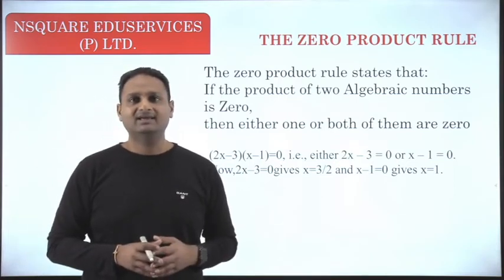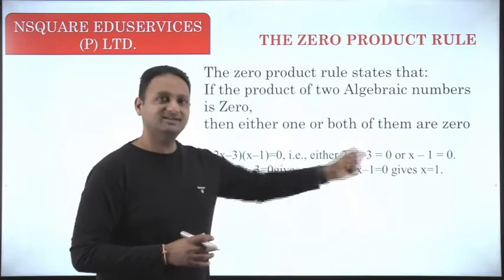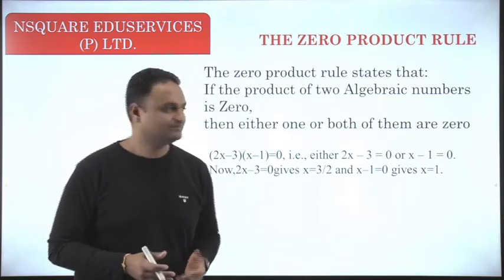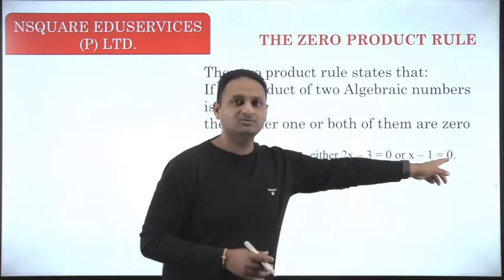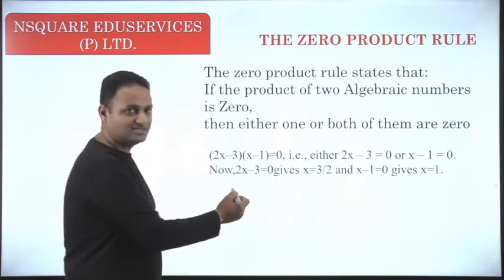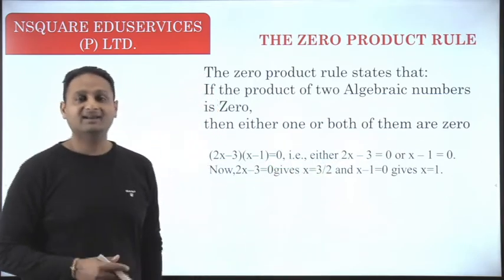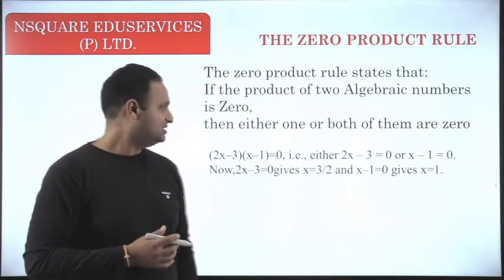Suppose we know this. This is possible only if either 2x - 3 = 0 or x - 1 = 0. That is, the product of these two numbers will be 0 only if any one or both of them are individually 0.